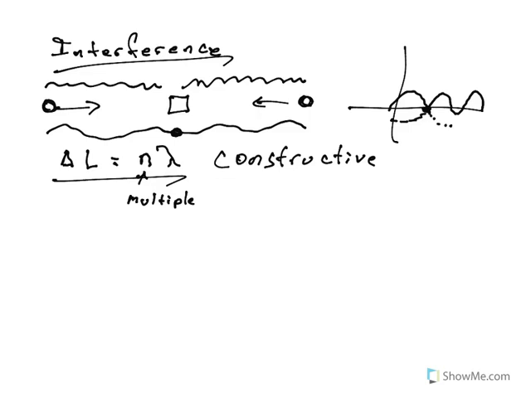So n could be 0, 1, 2, 3, any number you want, as long as it's an integer. And if we want completely destructive interference, then it's n lambda over 2. This is destructive.